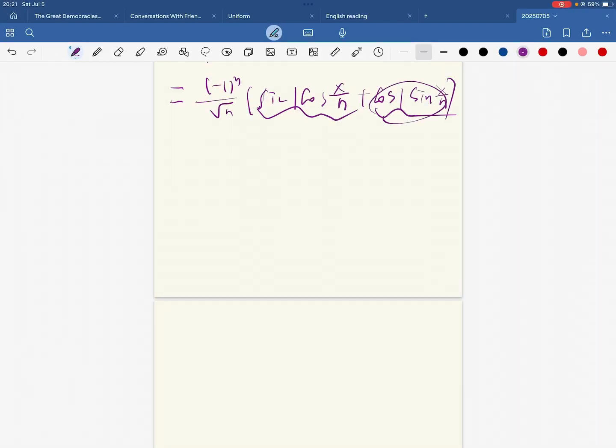Now let's first write this term, which is cosine 1 times sine, and we could move this minus 1 here, and cosine 1 is a constant which we don't need to calculate.